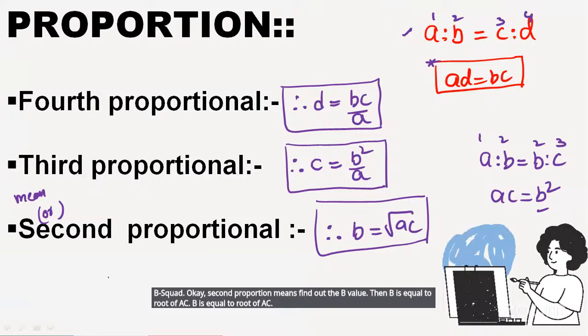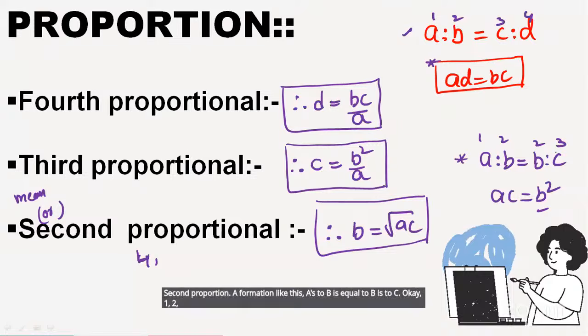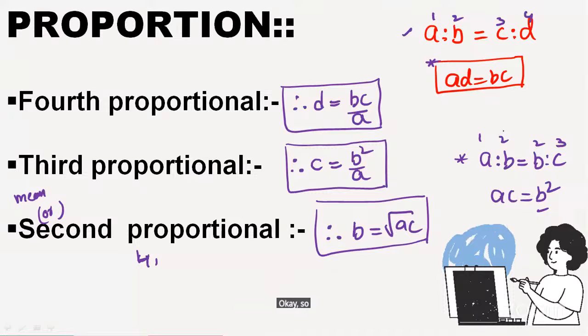Right. For example, the question like this. Second proportion. Formation like this: A is to B is equal to B is to C. Okay, 1, 2, 2, 3. So we have to find out the B value.